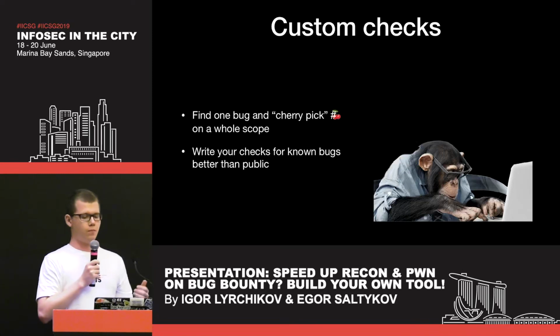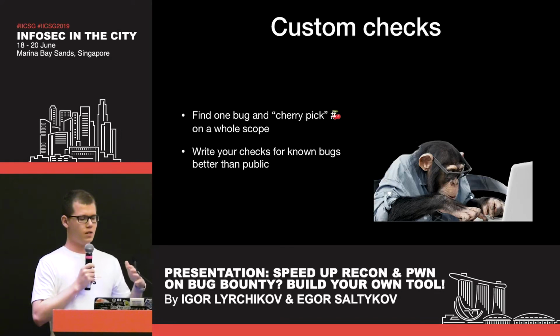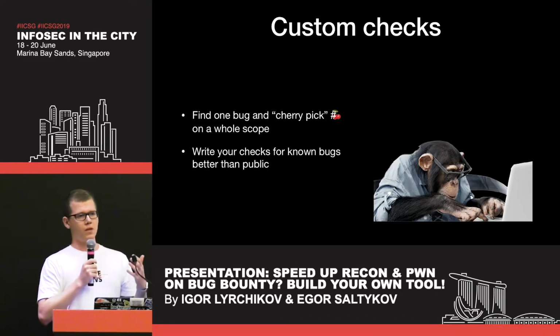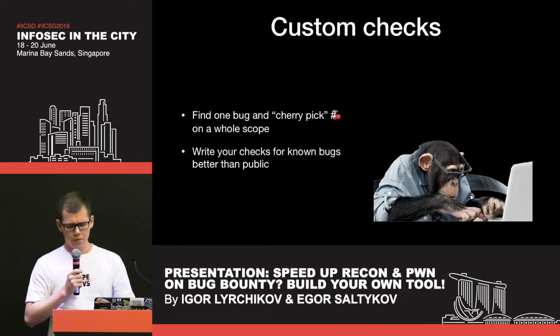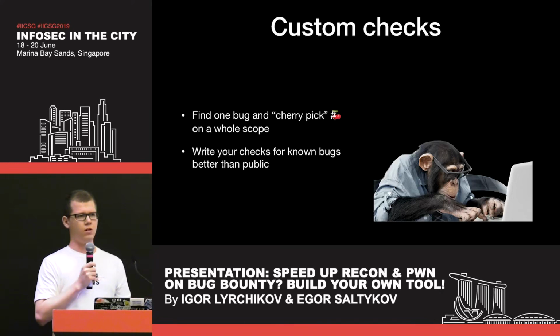The public tools we use in our project are open source and everyone uses them. So when you use such a tool, everyone uses it. So it's better to create custom checks for one-day vulnerabilities, or maybe rewrite some checks to improve the flow better than the public ones, and be the first to report it.